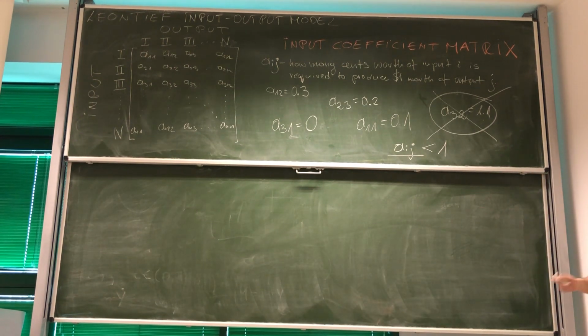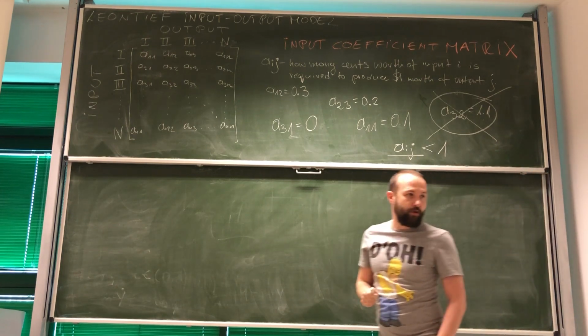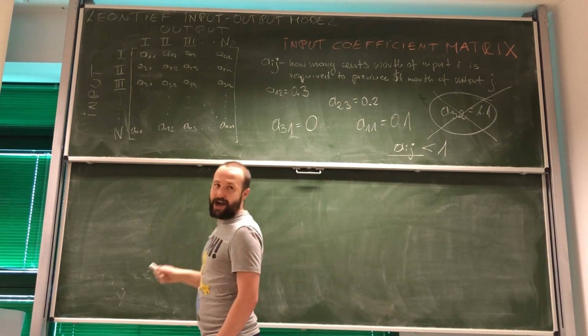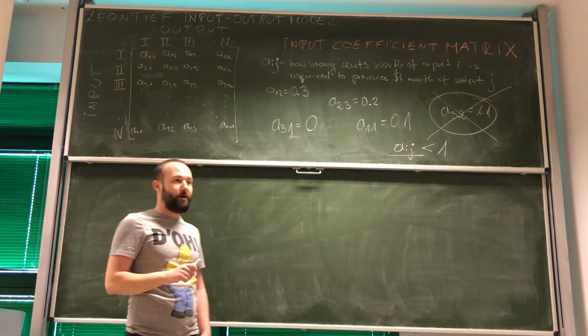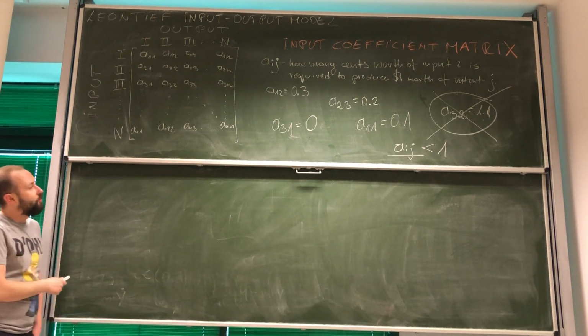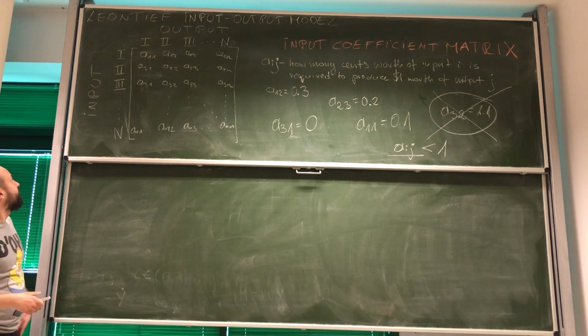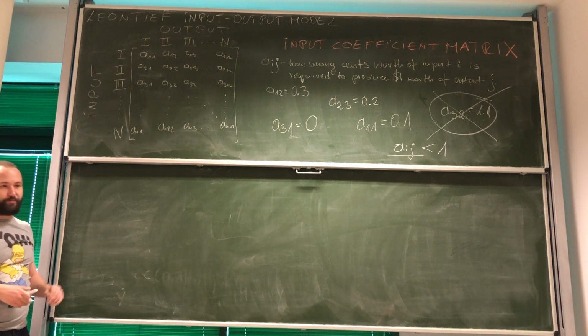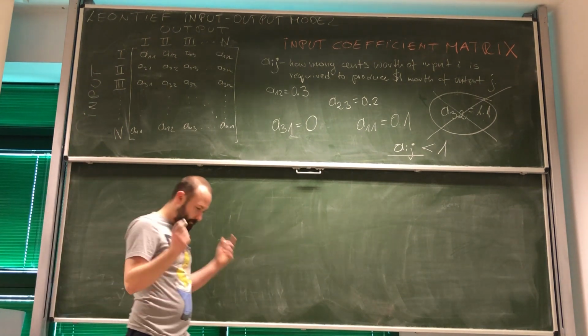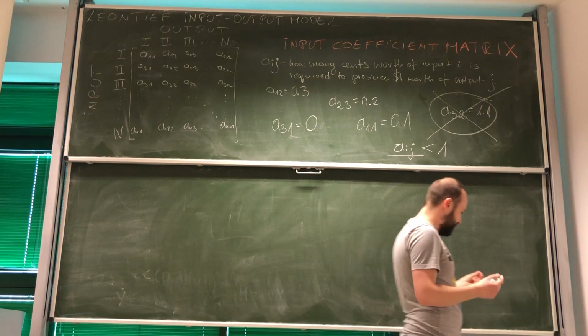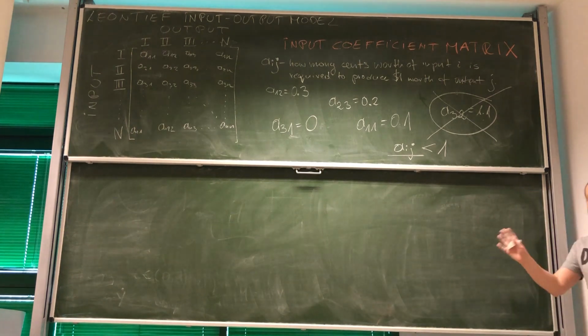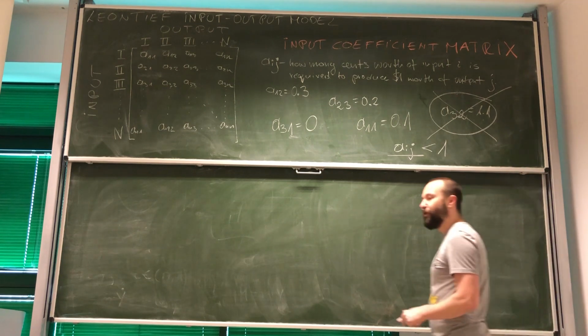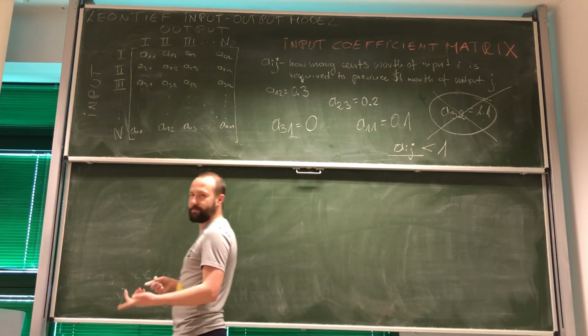But for now we only accounted for intermediate inputs. So we are simply thinking about things that other people produced, and we are reusing them to produce something different.